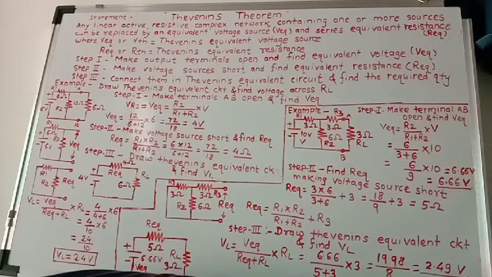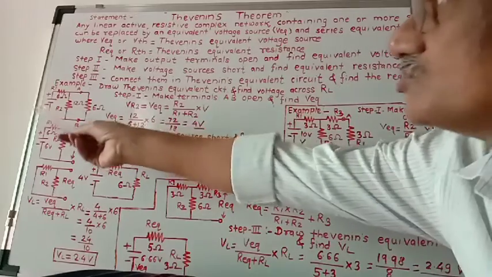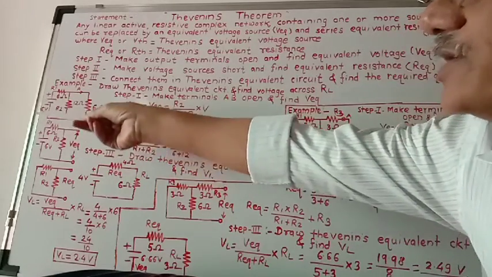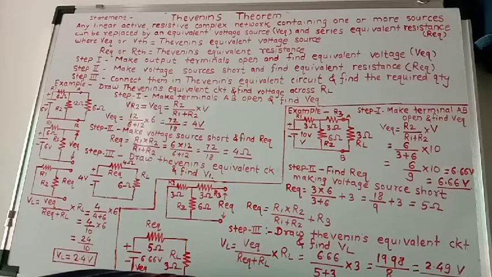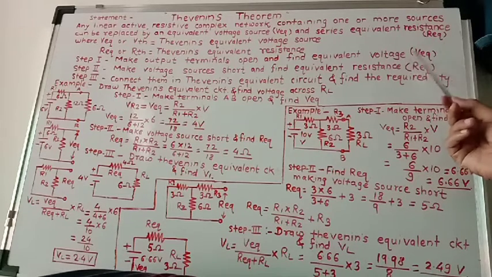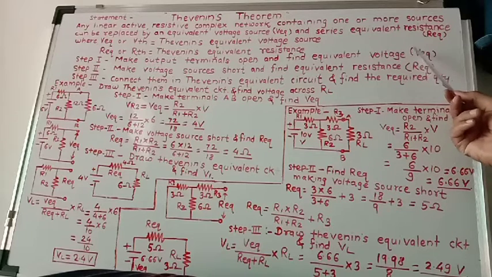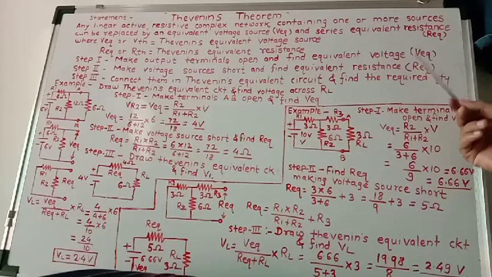Okay, now second step, make the voltage source short, and then we have to find R equivalent, that is Thevenin's equivalent resistance, RTH. R equivalent is also called RTH, and V equivalent is also called VTH. VTH means Thevenin's equivalent voltage and RTH means Thevenin's equivalent resistance.